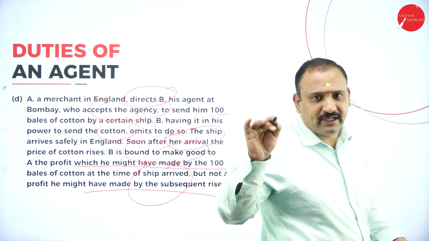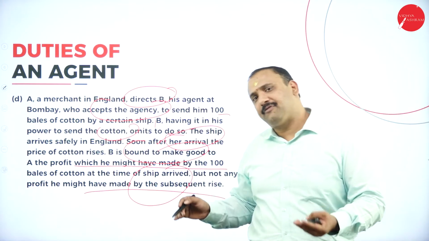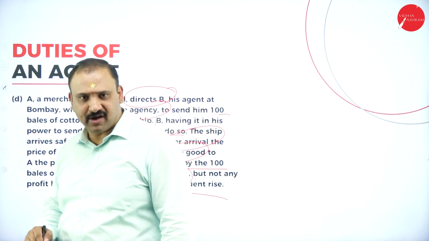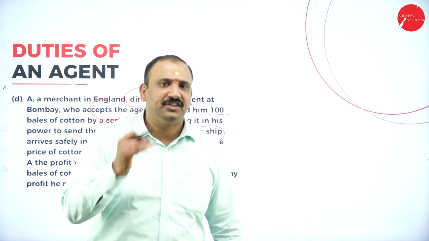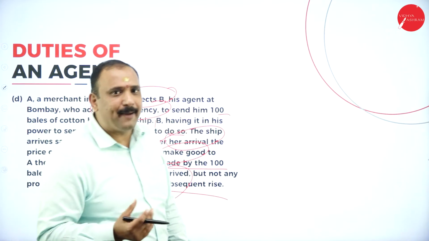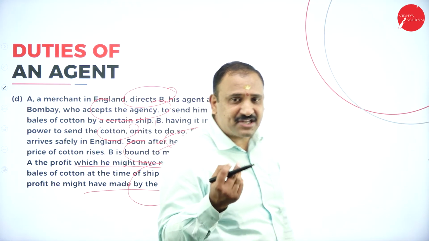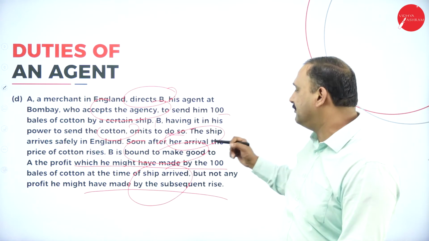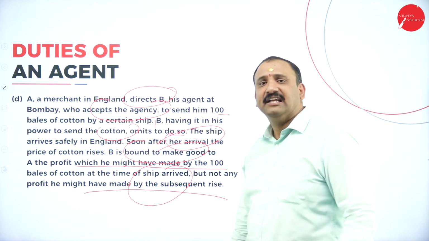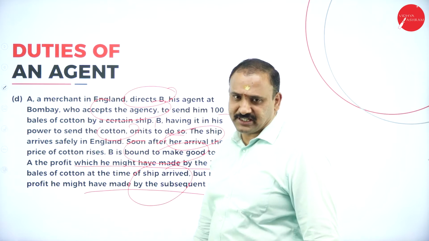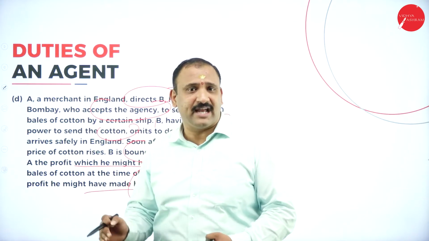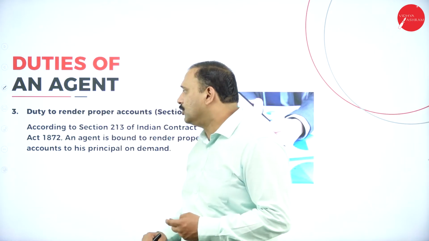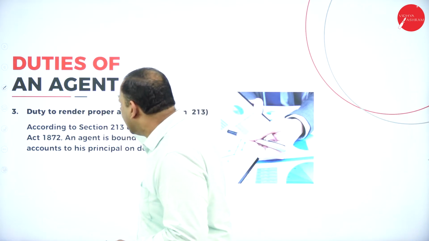As the price of cotton increases, there might be a profit which would have been made by A. Since the agent did not follow the instructions and just allowed the ship to sail, the loss that has happened has to be compensated by the agent to the principal. So that's why we are talking about the duty to repay the compensation. Why? Because if the 100 bales of cotton had arrived on time, then the principal would definitely have made some profit.